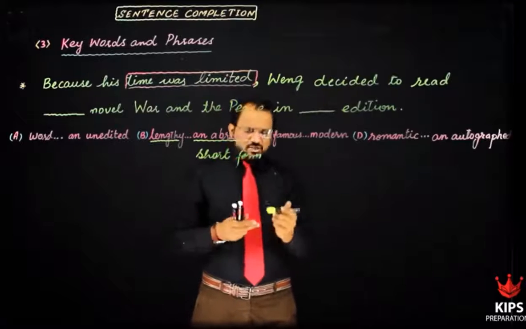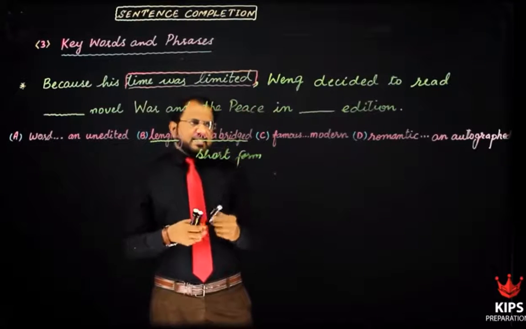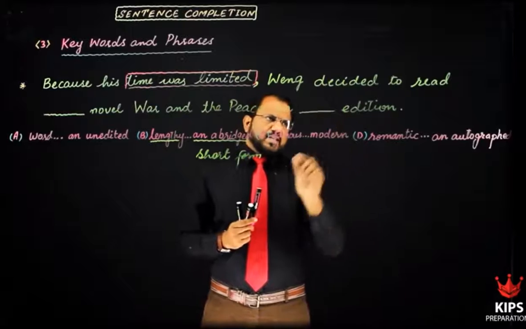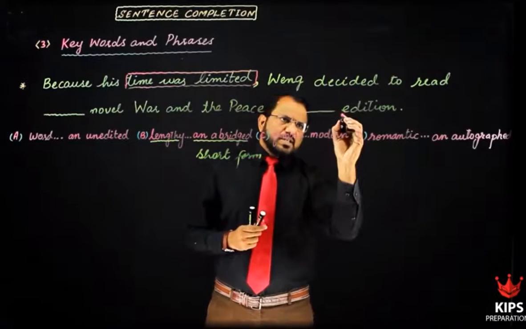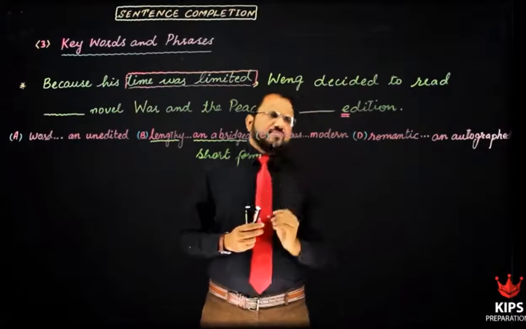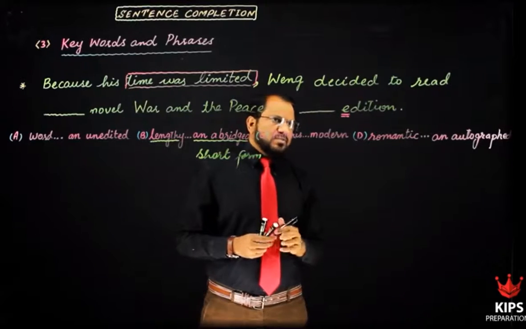The second thing is, the technique says that in the second blank, the last word is "edition", and this word edition is starting with E, which is a vowel sound.